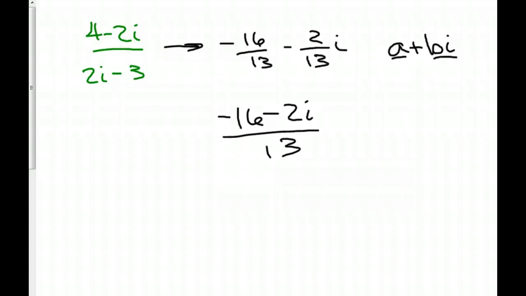If I got 2i plus 16 over negative 13, you don't want a negative in the denominator. The 16 has to be first. A plus bi.